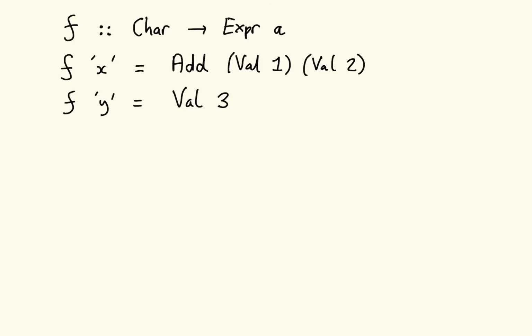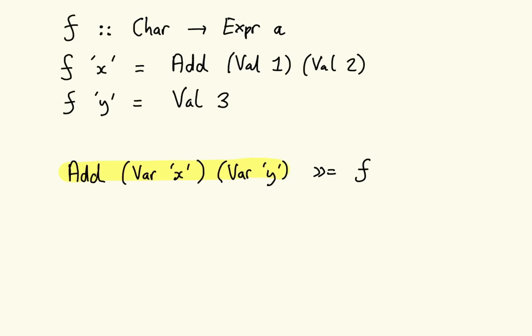What could we actually do with it? Well, we could apply it by using the bind operator. So an example would be if I take an expression which contains the variables x and y. So if I had the variable x added together with the variable y, and I want to apply the substitution, then I simply bind into the function f.